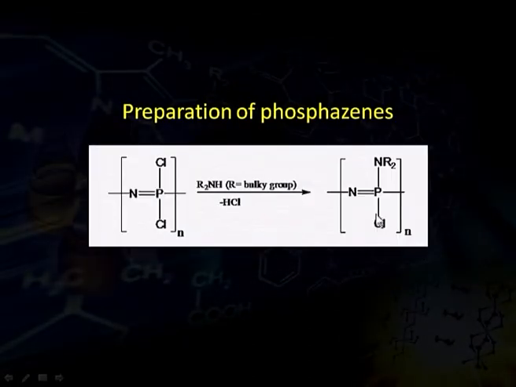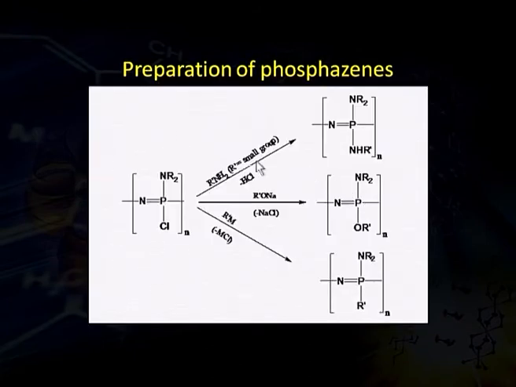So, now what happens? We can introduce some short groups or lighter groups in the place of this chlorine atom. So, if we treat it with primary amine, this is R dash NH2, here R dash is a small group. So, this chlorine will be replaced by the primary amine group, that is NHR dash. If we treat it with sodium alkoxide, this chlorine atom will now be replaced by the OR dash group, that is the alkoxy group.